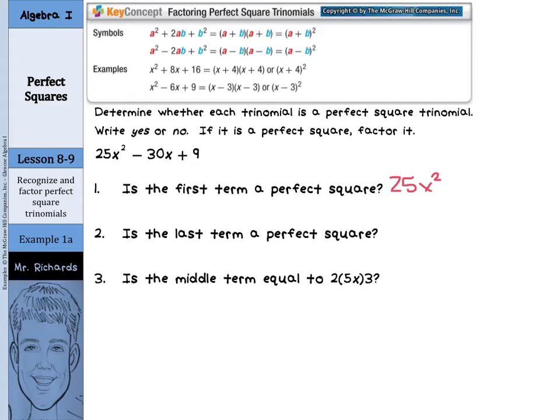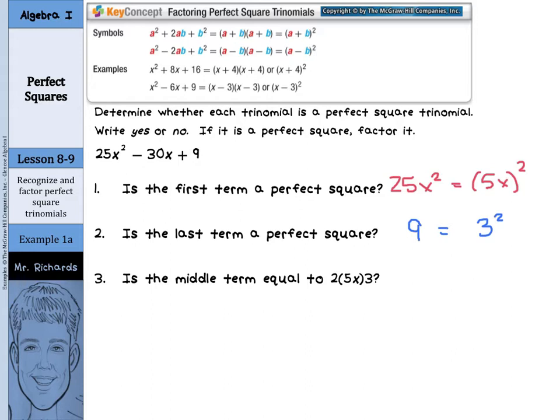Square root of 25 is 5. The square root of x squared is just x. So this is really equal to 5x squared. What about the last term? Well, my last term is 9. Is that a perfect square? Yeah, because the square root of 9 is simply 3 squared.